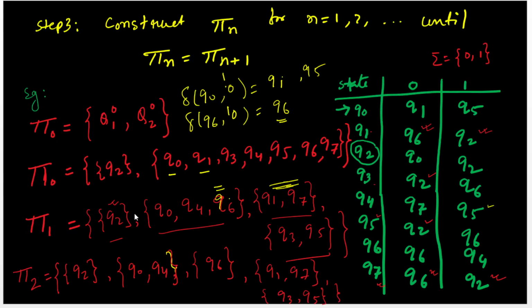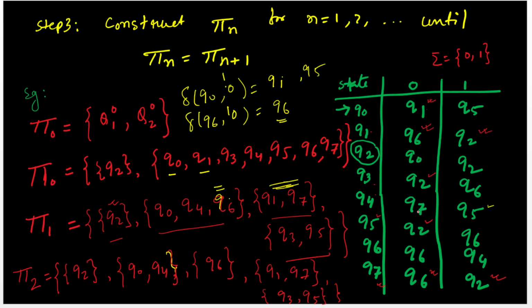Now we have to construct pi 3. We have to construct pi 3 from pi 2. So obviously Q2 will remain the same. Now we have to check whether Q0 and Q4 will be in the same equivalent class of pi 3. Now check. Q0 by taking 0 gives Q1 and Q4 gives Q7.